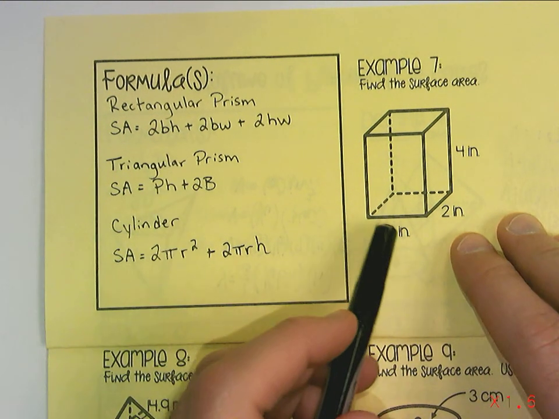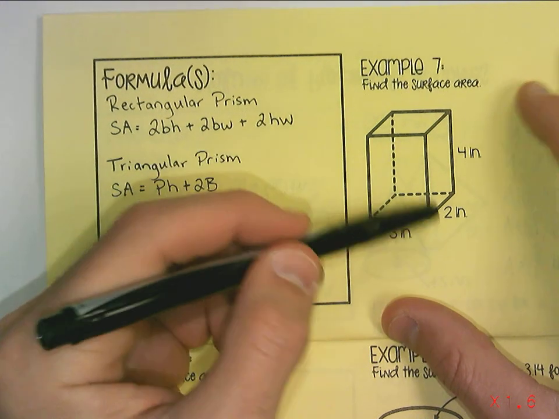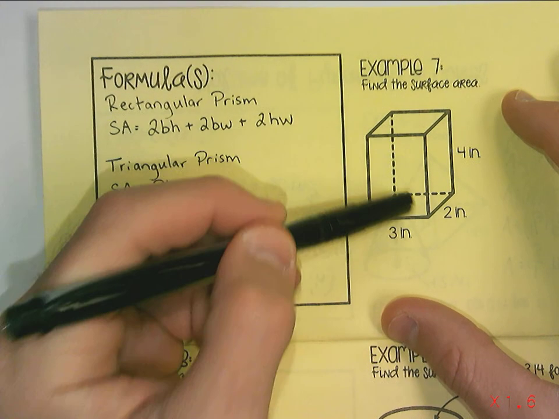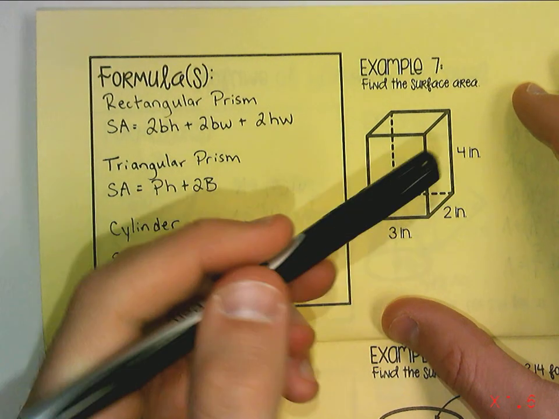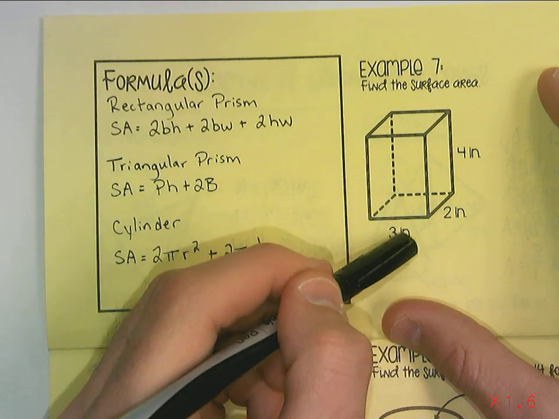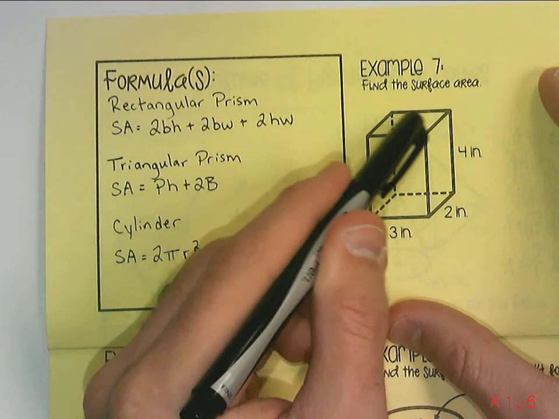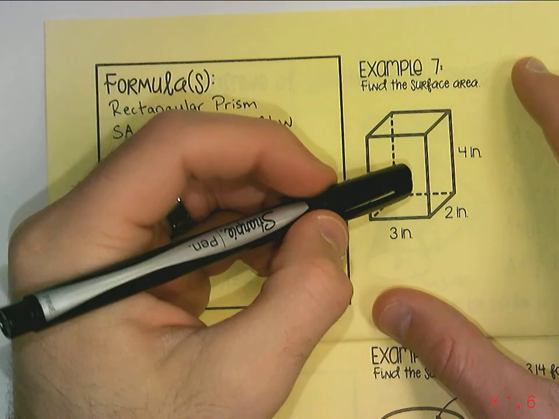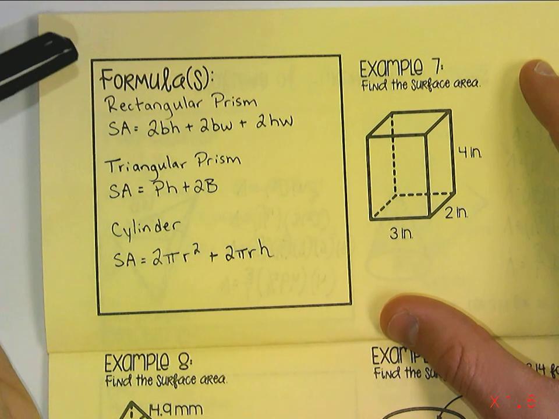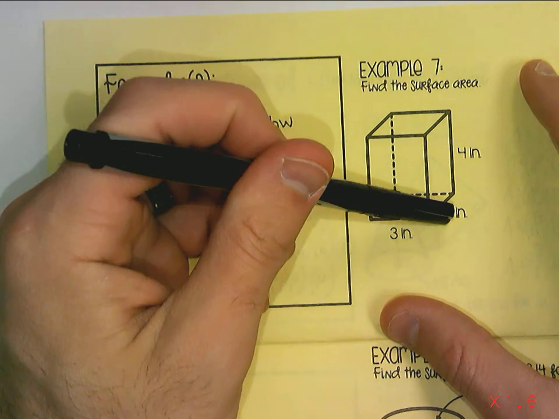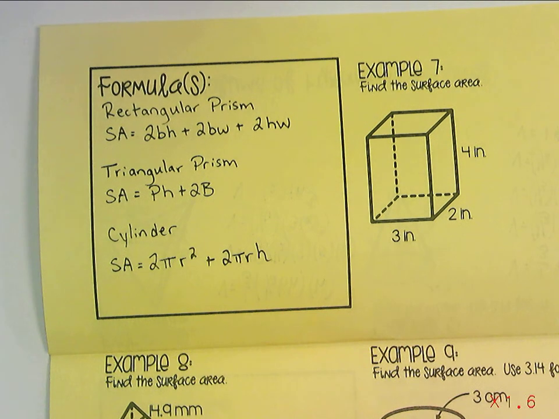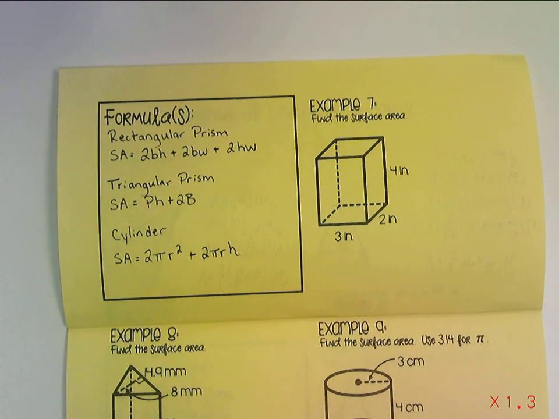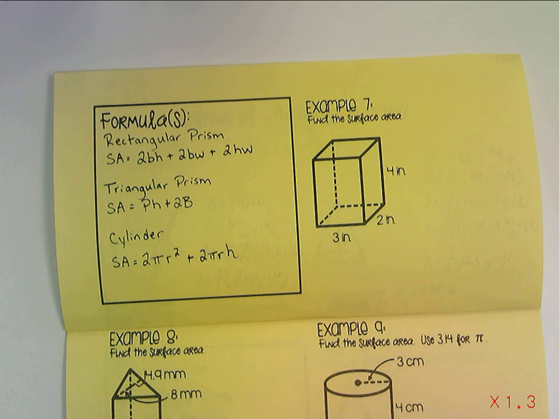So the base times the height would be these front and back faces of this. 2 times the base and the width, so that's 3 times 2, and times 2 because the top. And then height and width, which would be the 2 times the 4, which we didn't have yet. And really, just as long as you get all 6 faces of this taken care of, shouldn't be a problem.